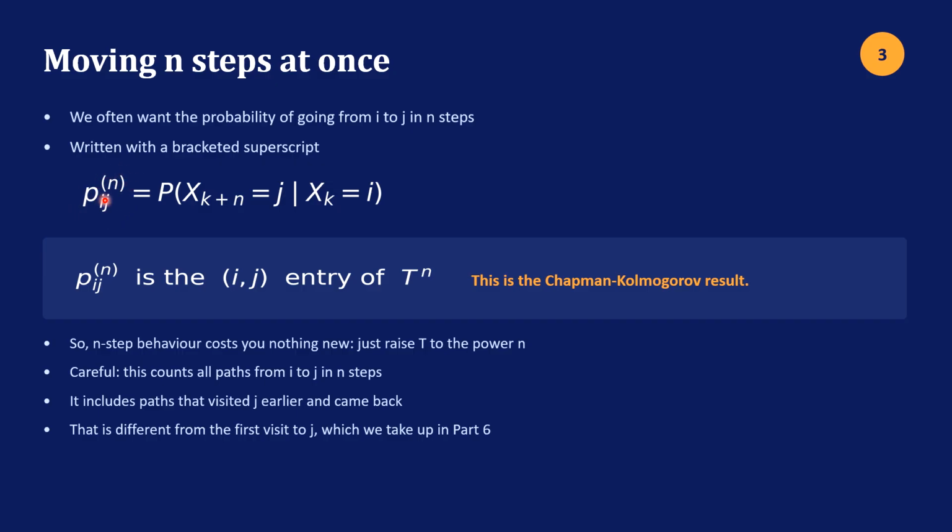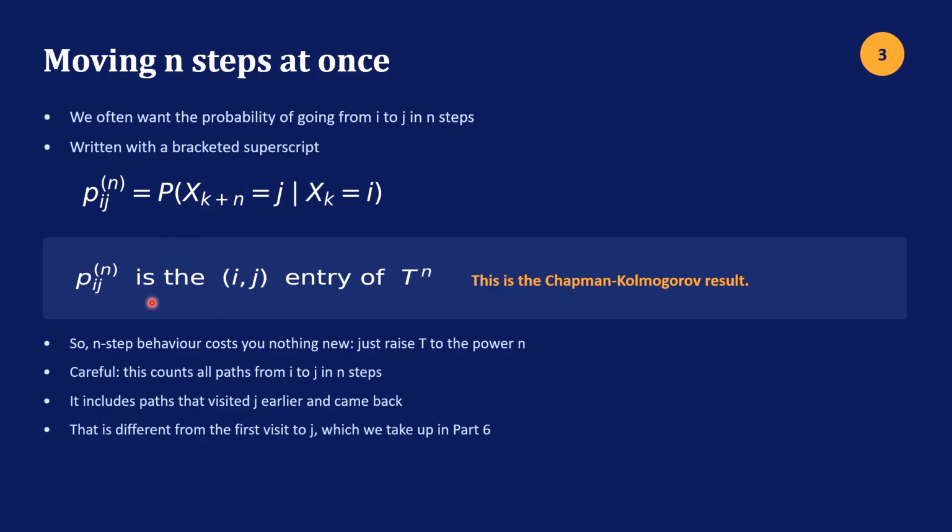This is not to the power n, it's just a notation we use here. And you notice this is time homogeneous. It doesn't depend on what k is. All we're interested in is going from state i to state j in n steps, and k could be 0, 1, 2, any positive integer or 0.